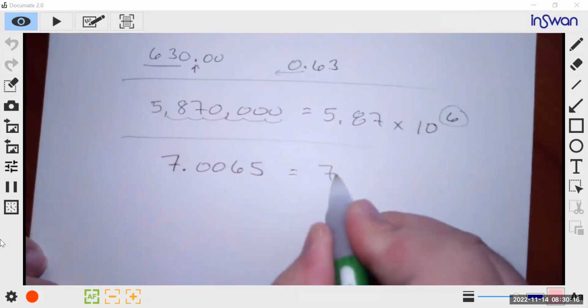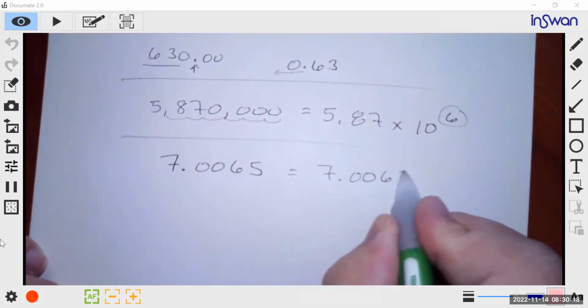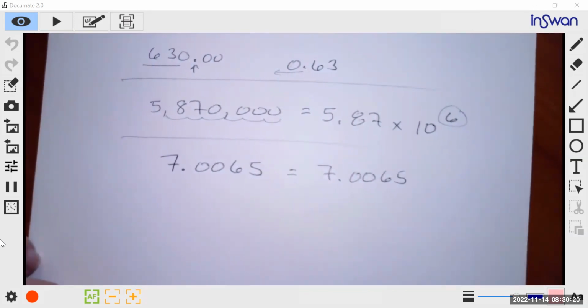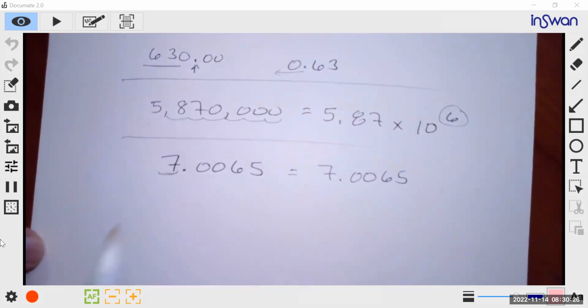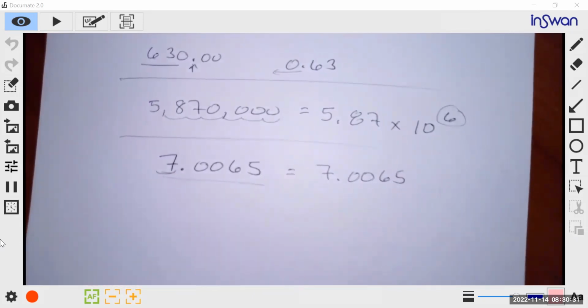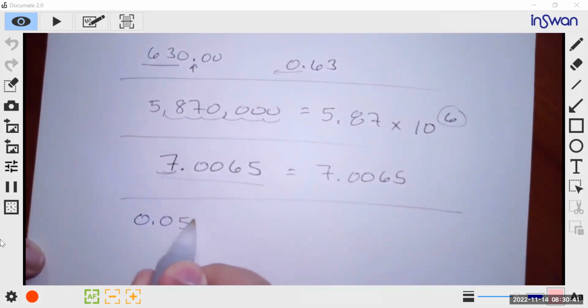Okay, the answer is, remember, scientific notation, what's the format? You have to have only one digit in front of the decimal. It's there, so you can't go any further. You can't change it. Okay, convert this one.